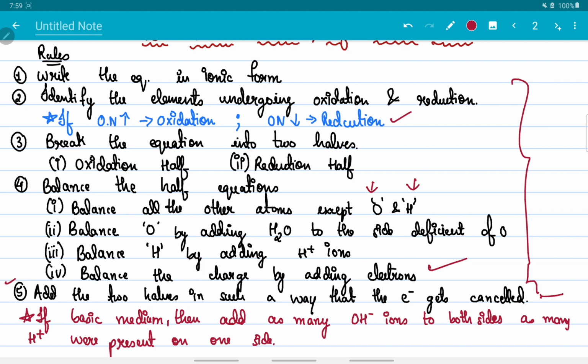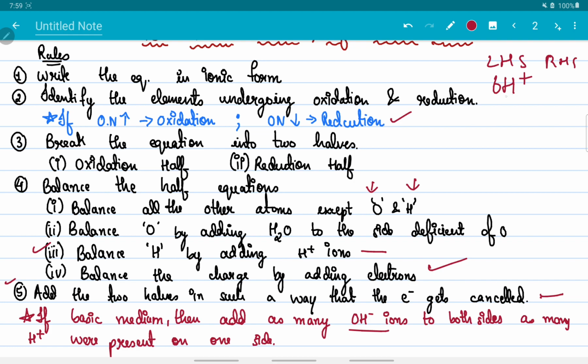But in basic medium, we had added H plus ions in this step. Suppose there is the LHS over here and the RHS. Now in the LHS there are 6 H plus ions. If this equation is in basic medium, we have one extra step, that is to add the OH minus ions.